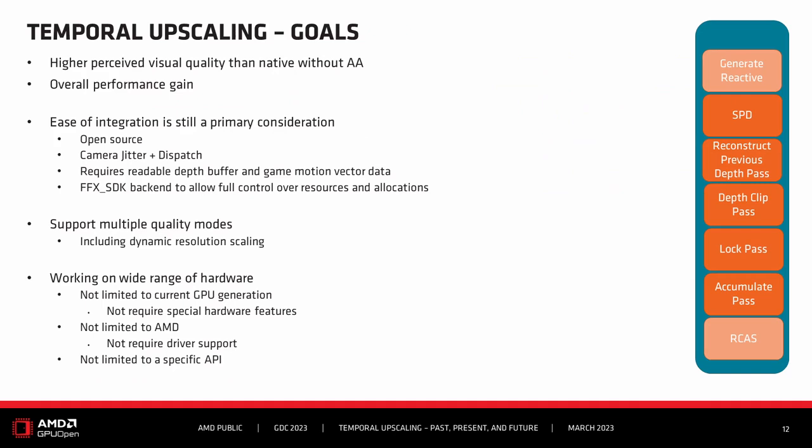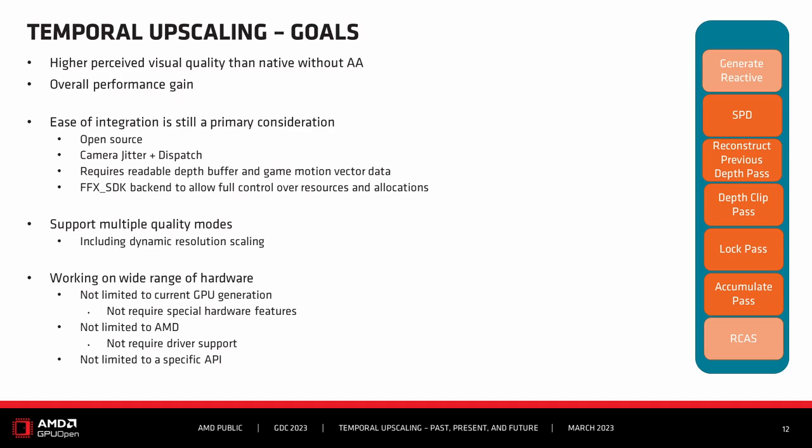The goals or cornerstones we set ourselves when starting FSR2 development are pretty much similar to what we had with FSR1. There was a quality goal, like we wanted to have better visual quality than native rendering if the native rendering is done without any anti-aliasing. And we still wanted to achieve an overall performance gain because that's the main purpose of this library.